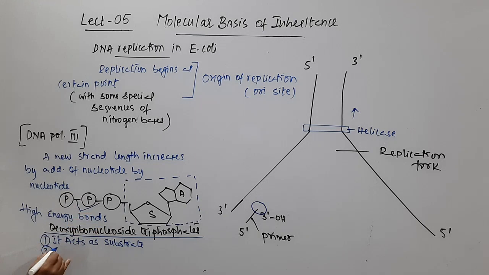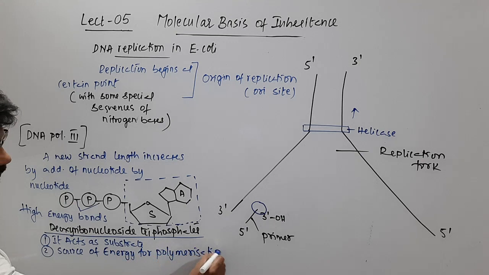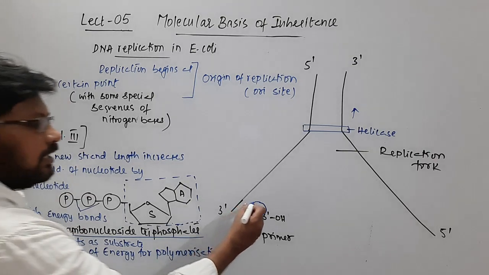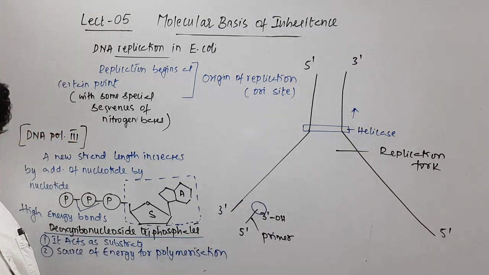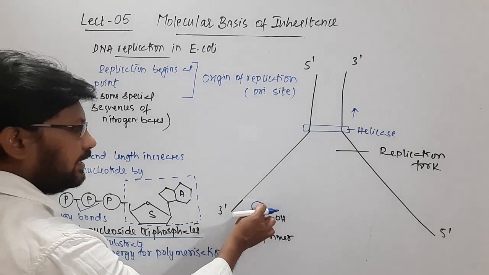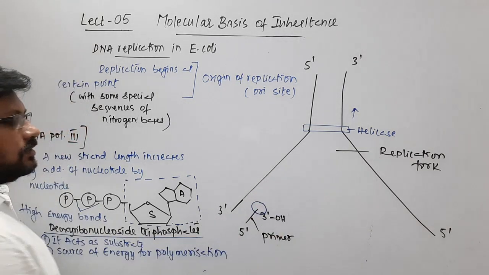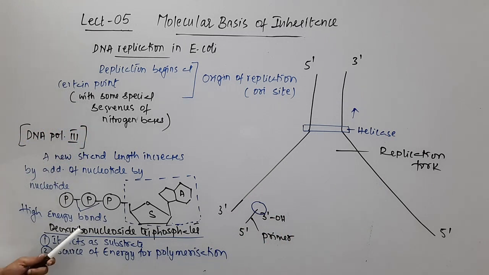So the second one, they are a source of energy for polymerization. Polymerization means nucleotide by nucleotide addition that results in increase in the length of the strand. That is what we call polymerization. So this deoxyribonucleoside triphosphate will act as substrate and also as a source of energy for polymerization.